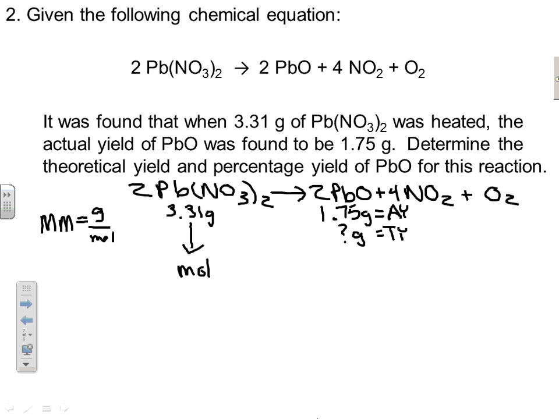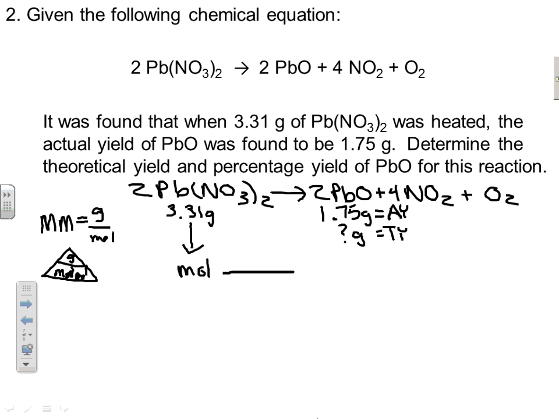Which means if I build the triangle, what's on the top? Grams, molar mass, moles. Mine are scribbled in there. I'll put it on the board, make it bigger. Grams, moles, molar mass. That means I'm going to need a molar mass of Pb(NO3)2.